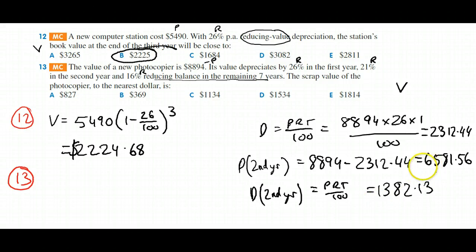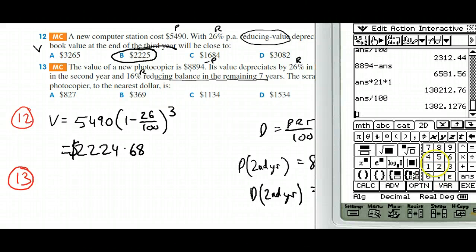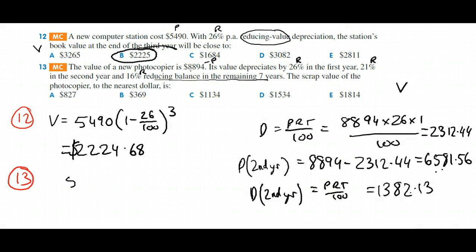So again, let's minus that depreciation away from this to find the new book value of the machine. So it's going to be 6581.56 minus our answer from the previous line. So the new value is 5199.43 dollars.